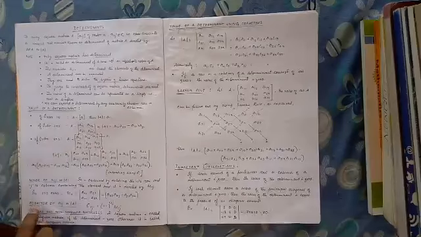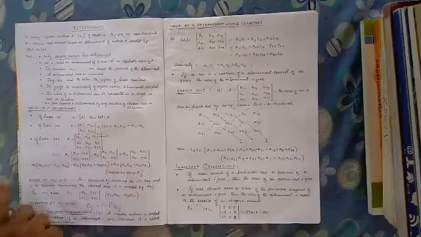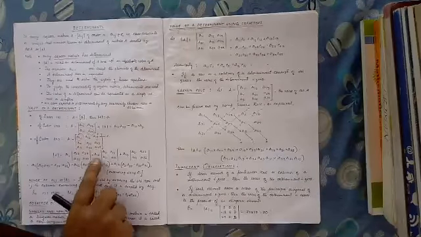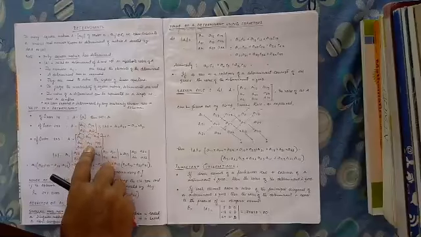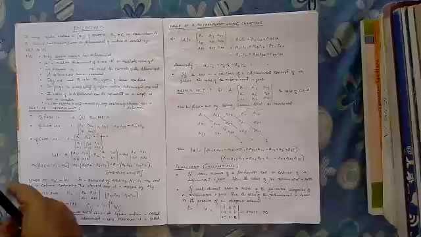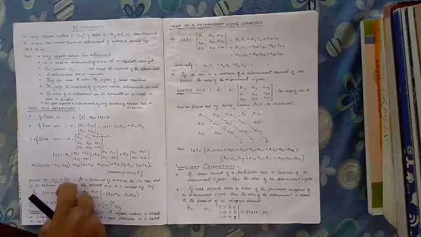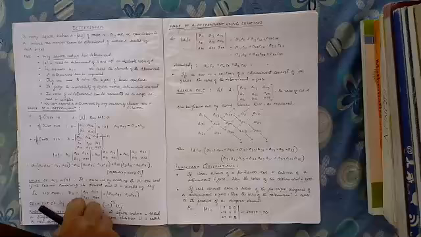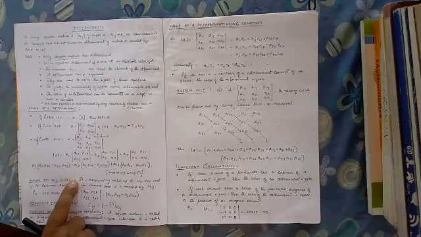Then minus of a12 into. Now leave this column, leave this row. That is, we have to delete the row and column to which the element belongs.